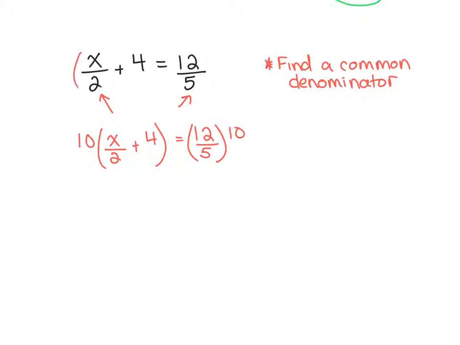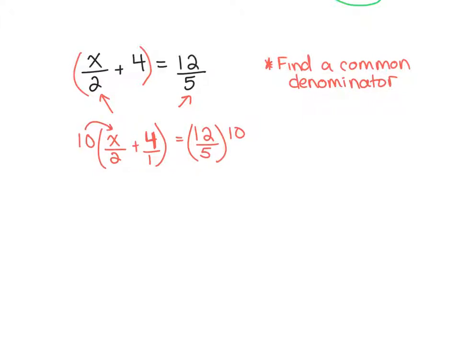Now I had to put the left side in brackets because I have to multiply the whole left side by 10, not just one of those terms. So when I multiply the whole left side by 10, because the x over 2 plus 4 aren't in the same fraction, I can't cancel things because there's multiple terms in my bracket here.